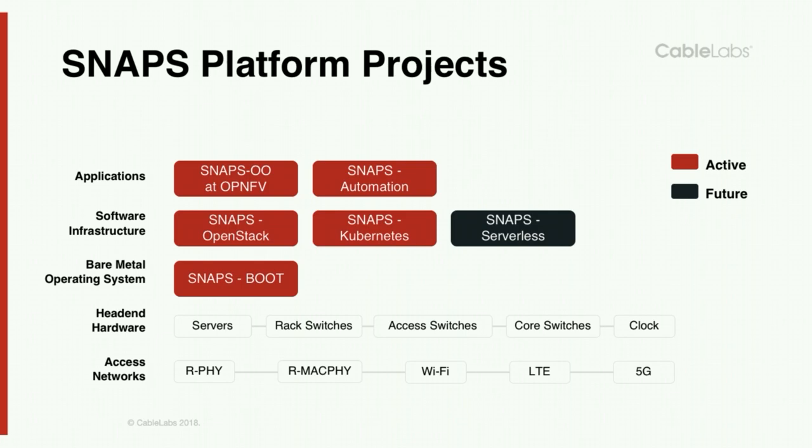They don't have to worry about where the code is deployed or how the code is deployed. Hence the term serverless. And then the application layer is SNAPS-OO. This is a project that's under the auspices of OPNFV and SNAPS automation. In the next few slides, we are going to look at SNAPS-Kubernetes, SNAPS-OpenStack, SNAPS boot, and SNAPS-OO.